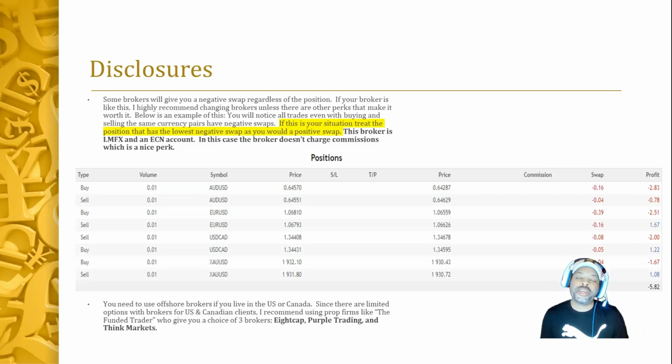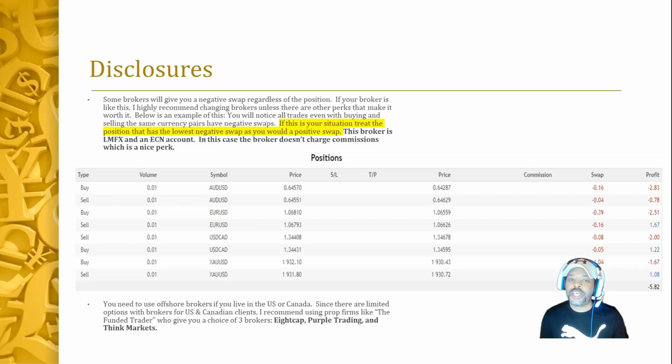I don't use ACAP. I tried them. The spreads were not good. The executions are pretty slow. You have to have a VPS to use ACAP if you live in the US. Otherwise, you're going to have a lot of latency issues, and some of your trades might not get triggered.